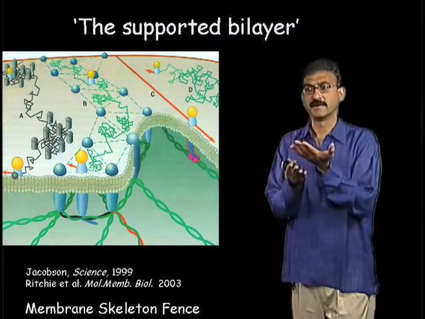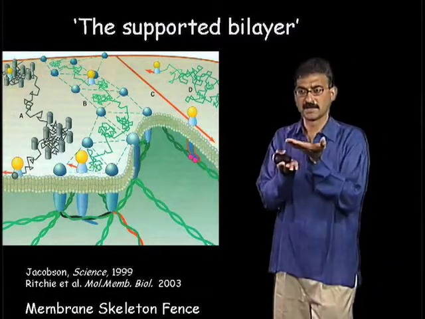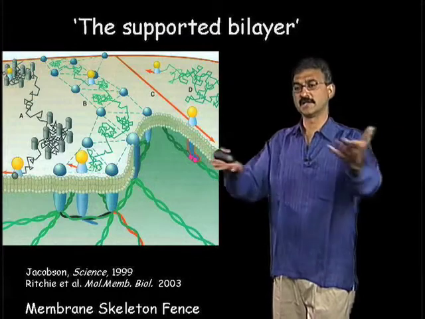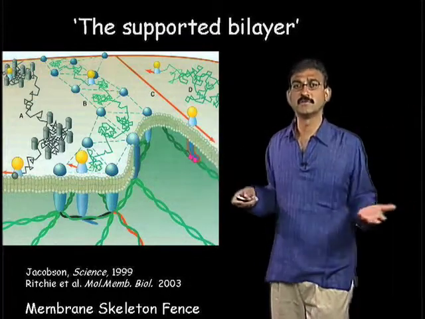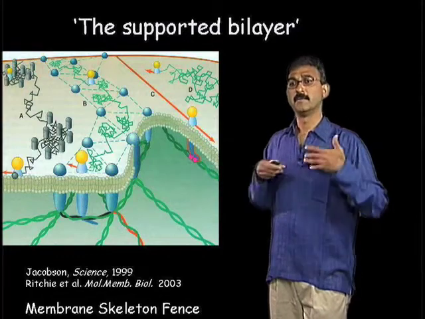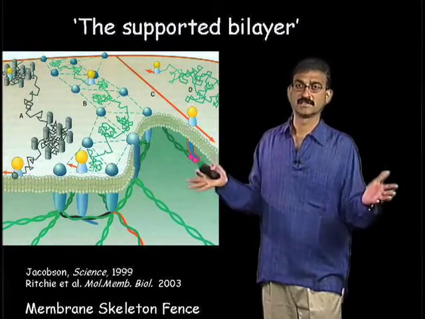And the cytoskeleton, in fact, not only, as I indicated to you, influences the local distribution of these nanoclusters in the membrane, it also influences the mobility of molecules on the cell surface.